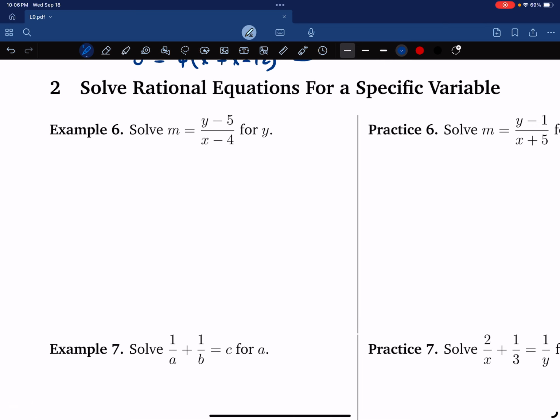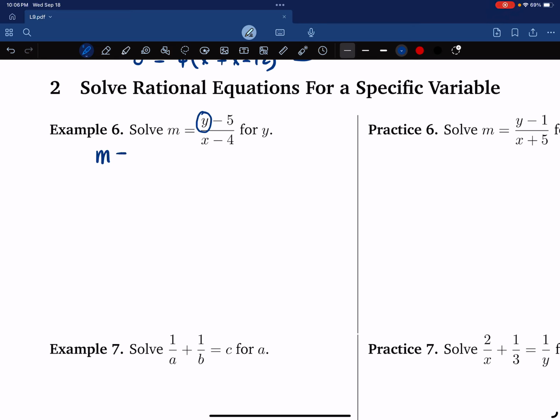Example 6, we have this equation, m equals y minus 5 over x minus 4. We're solving for y, so I'm going to circle y. And we're going to do inverse operations, right? In order to isolate y, the first thing that I can do is I can multiply both sides by the denominator x minus 4. So that's what I'm going to do.